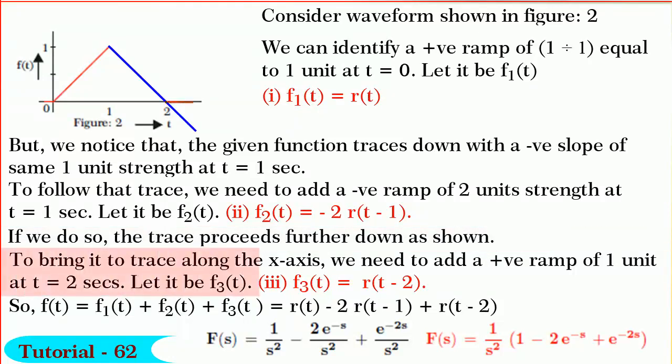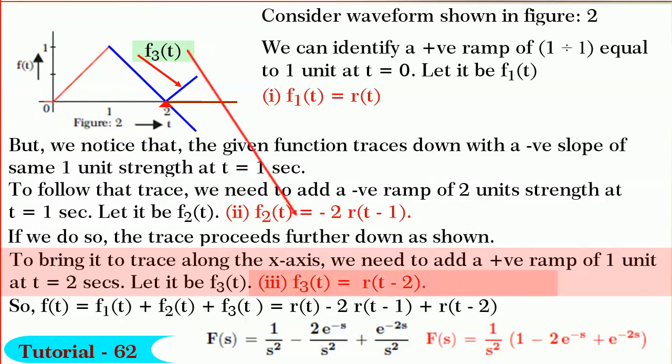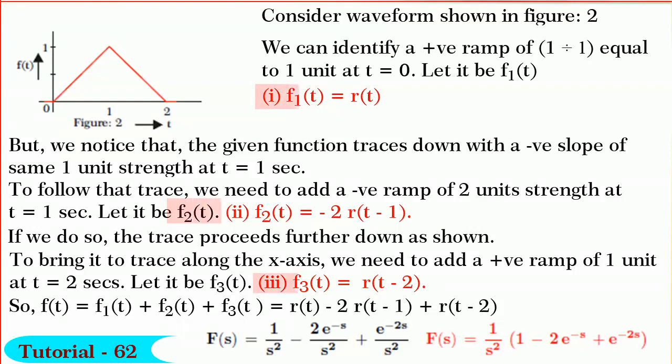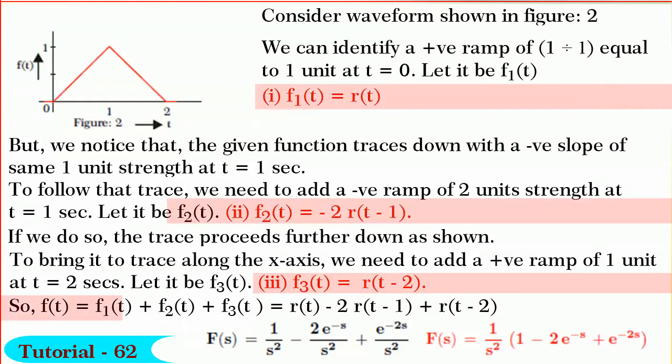If we do so, friends, we see that the trace proceeds downward as shown. To bring the trace along the x-axis, we need to add a positive ramp of 1 unit at t equal to 2 seconds. Let it be f3(t), and f3(t) is equal to r(t-2). By adding all the three piecewise defined functions, we get f(t), and hence f(t) is equal to r(t) - 2 r(t-1) + r(t-2).